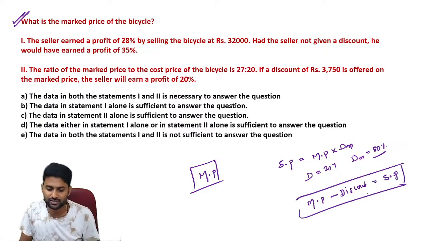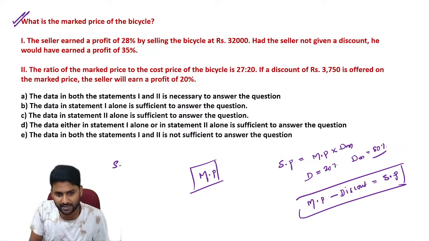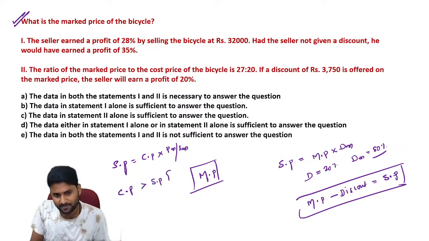There are two different ways to calculate the selling price. One is market price minus discount. The second one is cost price. Selling price is equal to cost price into either the profit multiplier or the loss multiplier. Otherwise, if cost price is more than the selling price, definitely it is a loss, so loss is equal to cost price minus selling price.